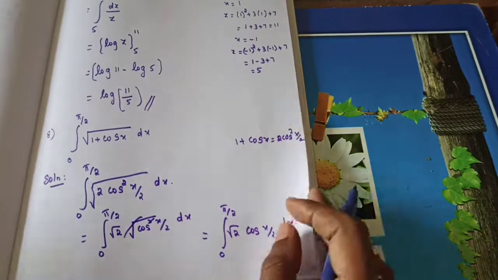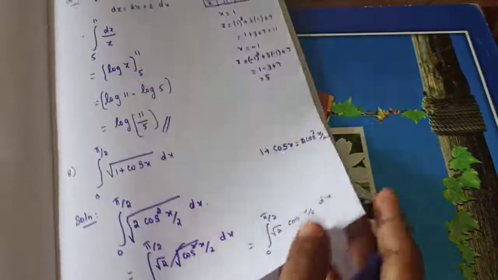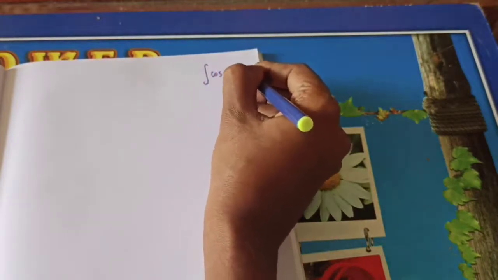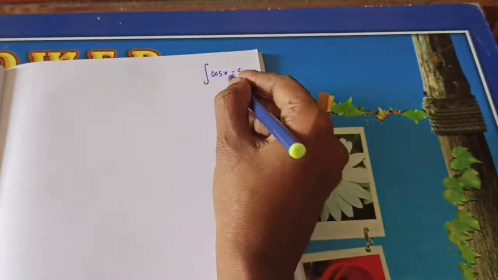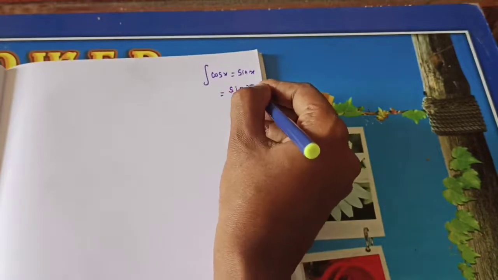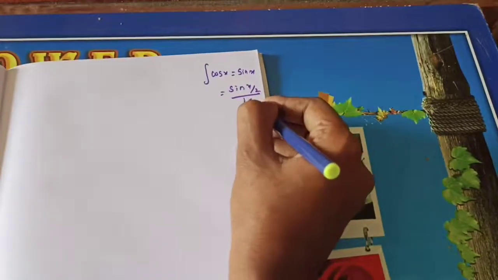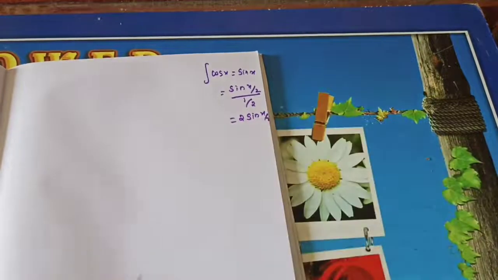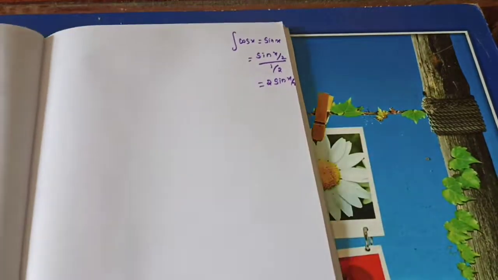Understand? So square root of 2 cos x by 2. So we know the formula for integral of cos x. What's the formula? Sin x. Is it right? So here cos x by 2 means what's the value you will get? Sin x by 2 by 1 by 2. From that you will get as 2 sin x by 2. Got it? Yes or no? Yes. So you can substitute this value here.